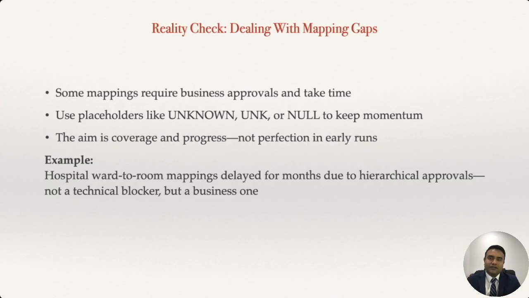Complex mappings that require business approval can delay your test run indefinitely. In such cases, map everything to a default value in the target system, such as unknown or null or UNK, in order to push data with minimal effort.